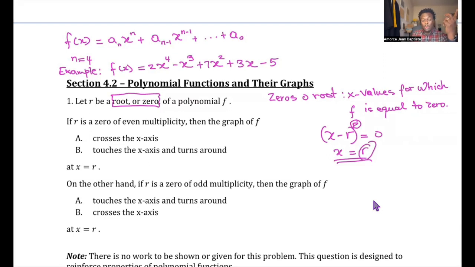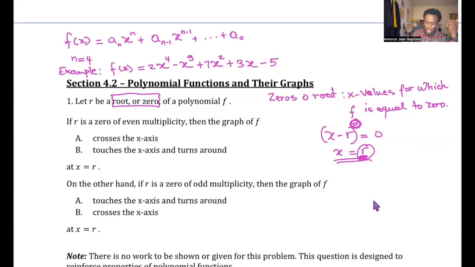I mean, x equals r, r represents the 0, and the number of times this factor repeats in this expression represents the multiplicity of this 0 or root in this polynomial.